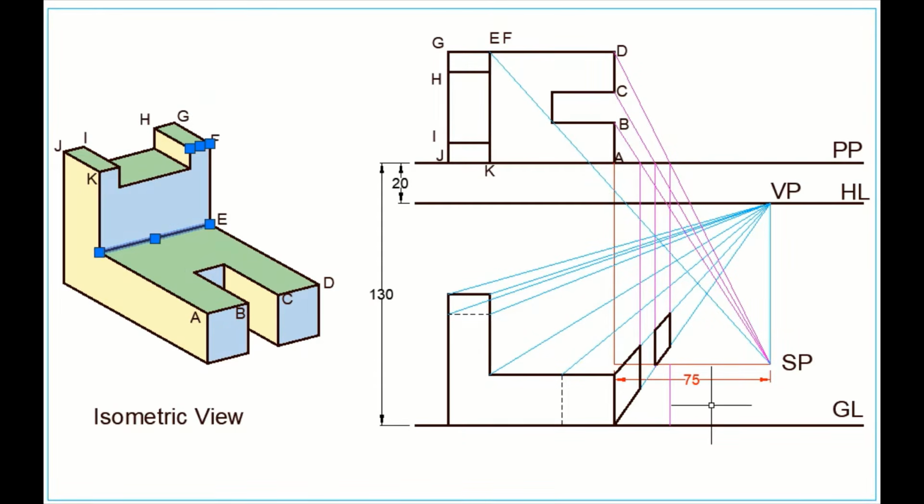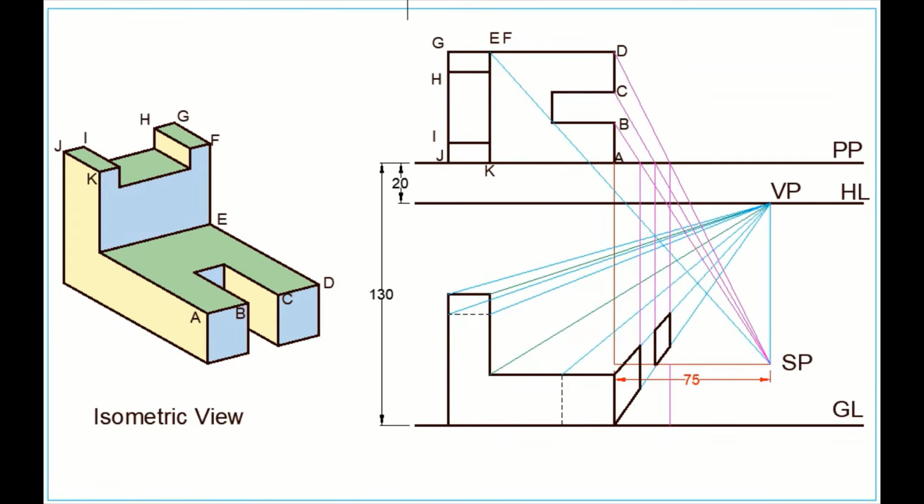So these two lines here in the perspective actually correspond to these two edges in the isometric. So from just for the sake of identification, let us just have a different color. So these two lines for E and F, let us say these two are green.